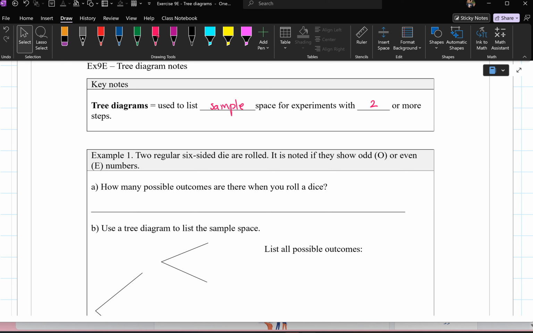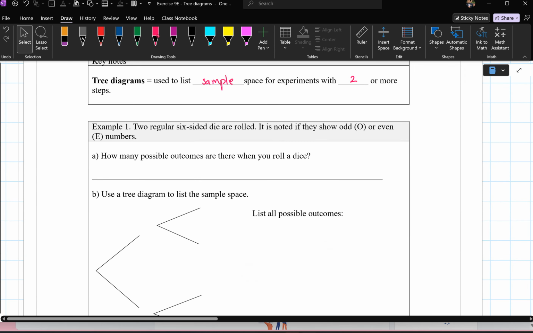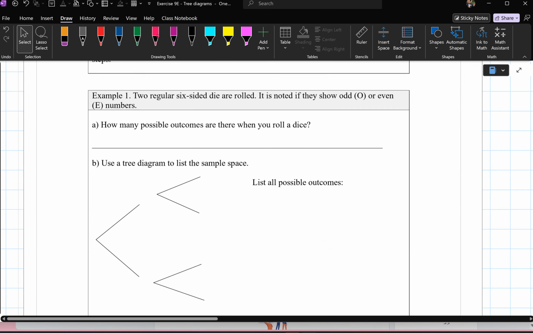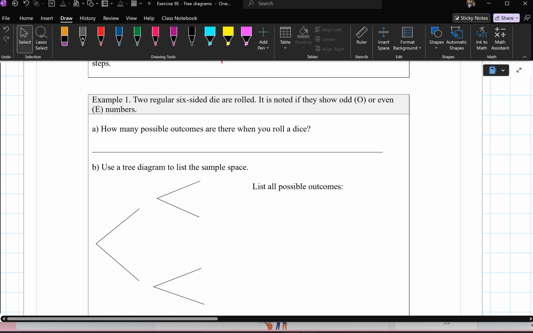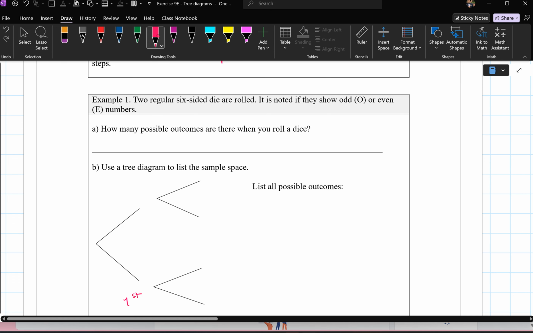So here's the question. How many possible outcomes are there when you roll a dice? You roll once and you roll the other one. There's 2 of them. What are the possibilities you can get? You can do it in your head, or you use a tree diagram. So let's use a tree diagram here to see how many possible outcomes you can get. When I roll the first dice, what are my possible options?